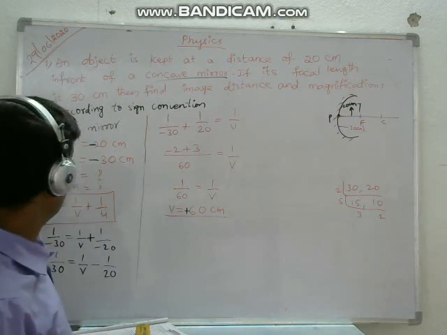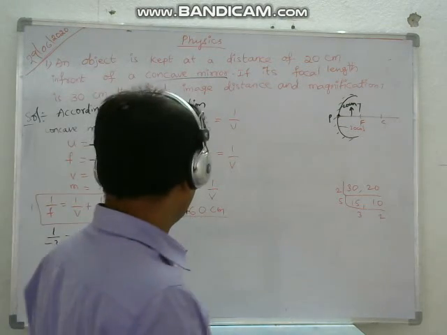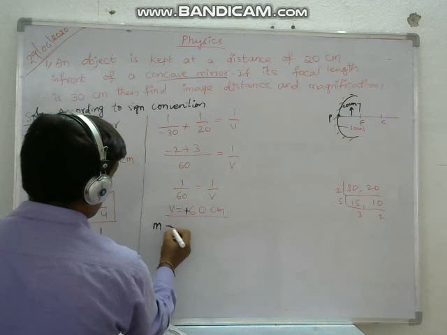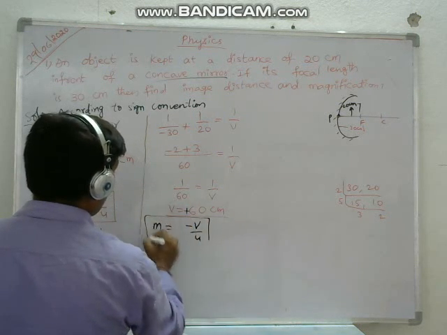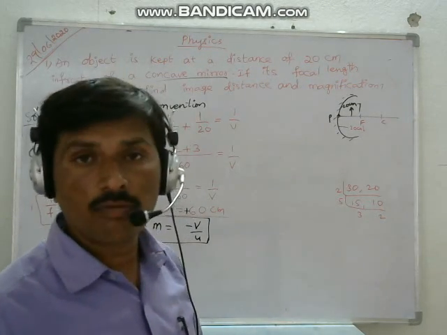As per the given question, we found the image distance. Now we are going to find the magnification. The magnification m is equal to minus v by u. According to the given information, the suitable formula for the magnification is m is equal to minus v by u.